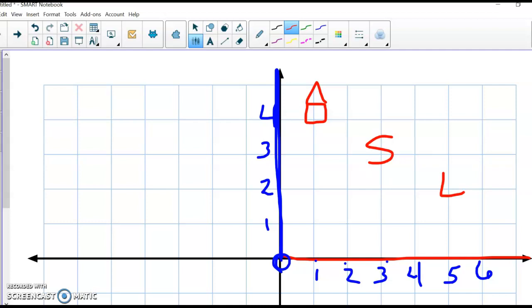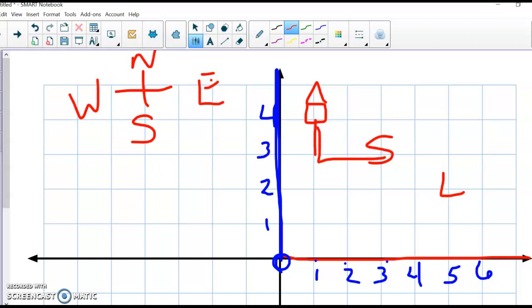It might ask you, how far does Lisa have to travel and in what direction to get to school from home? So she would have to go 1 block south. Remember, south, north, east, and west. She'd have to travel 1 block south and 2 blocks east. So that's how you would write it.